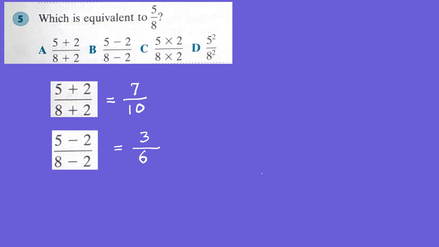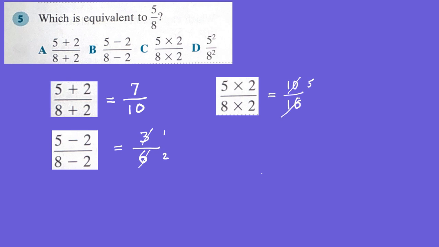That's just really a half if I cancel 3 and 6, so we have 1 and 2. That's not 5/8. Well, let's try C. 5 times 2 is 10 and 8 times 2 is 16. And this can be reduced to 5 over 8. So we basically found our solution to be C.